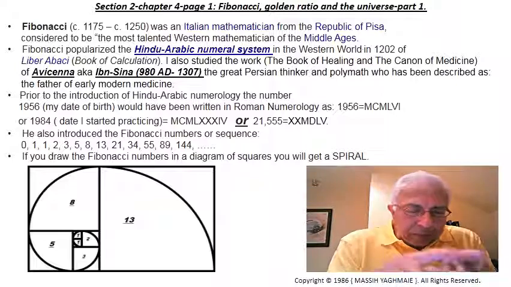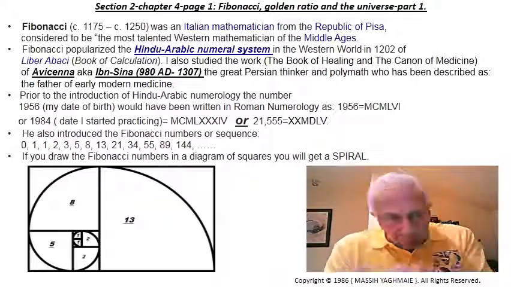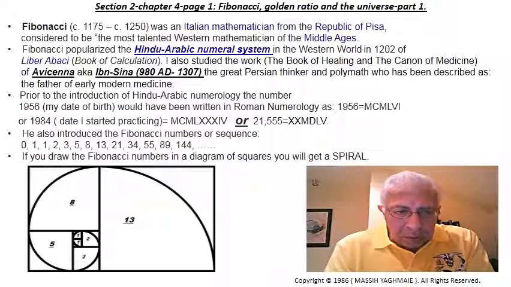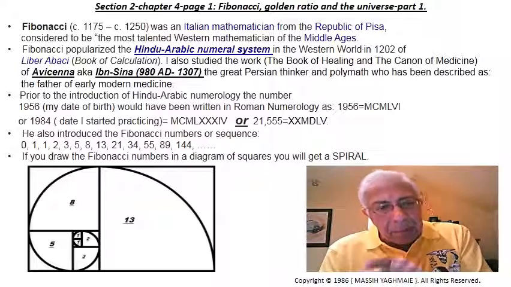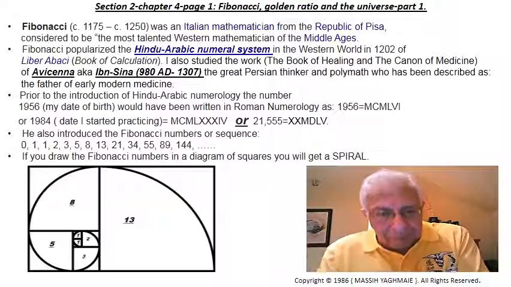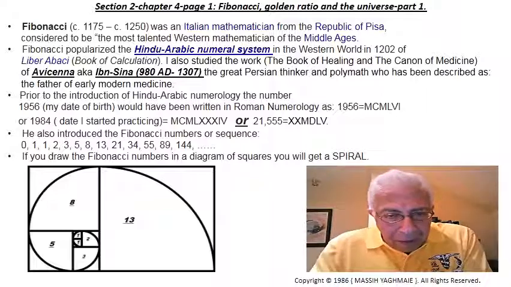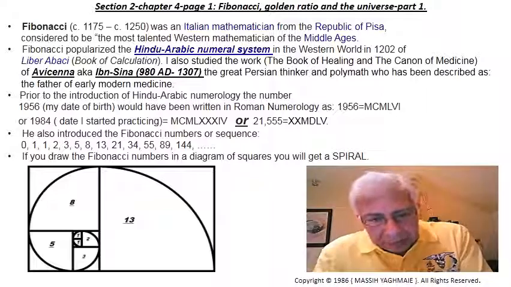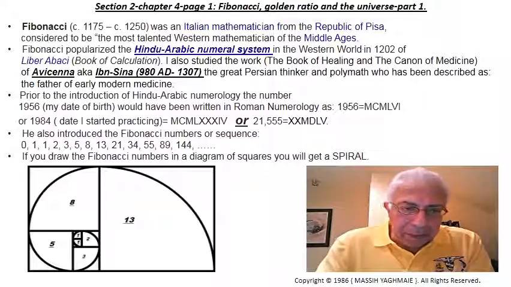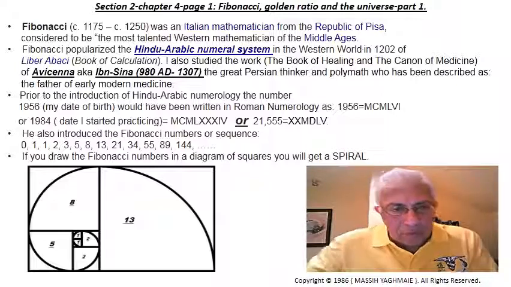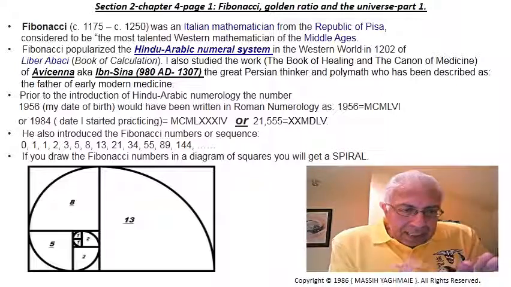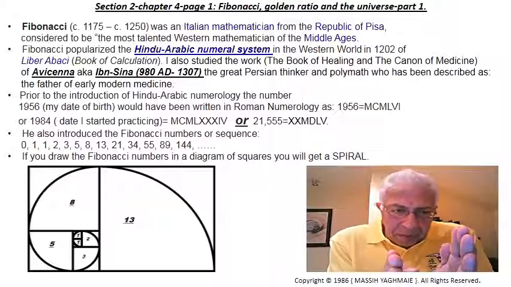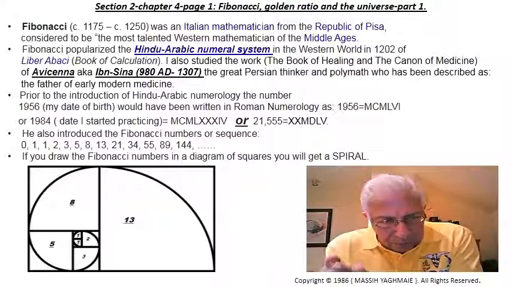If you add 1 and 0 together, it becomes 1. Add 1 and 1, it becomes 2. Add 2 and 1, it becomes 3. Add 3 and 2, it becomes 5. Add 5 and 3, it becomes 8. Add 8 and 5, it becomes 13, and so on. So you add the number plus the number before it to get the next number.